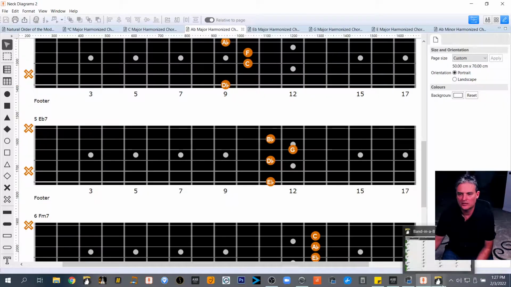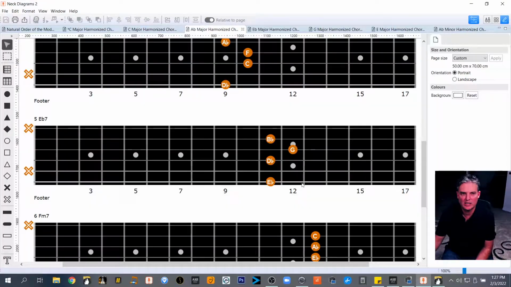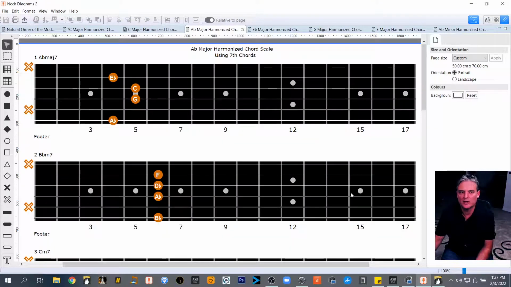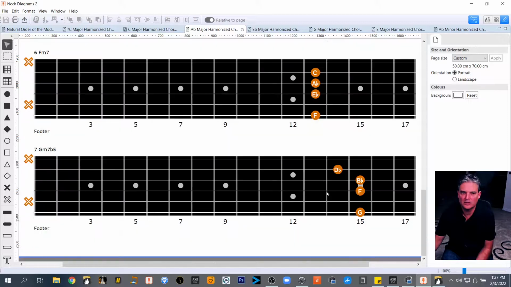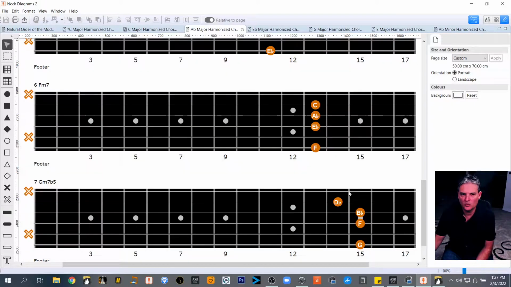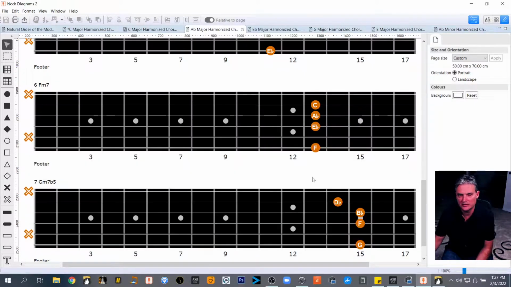Alrighty, so like I say, the first thing we want to identify is the dominant chord. Now, I just remembered why I came back here. When we look at the harmonized chord scale, how many dominant chords are in it? Only one, and it's at the 5th degree. There's only one minor 7 flat 5 as well, and that's at the 7th degree.